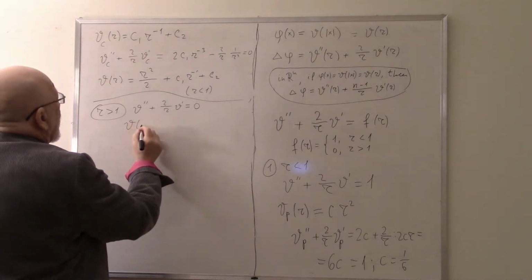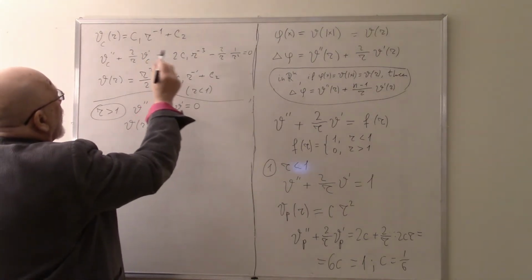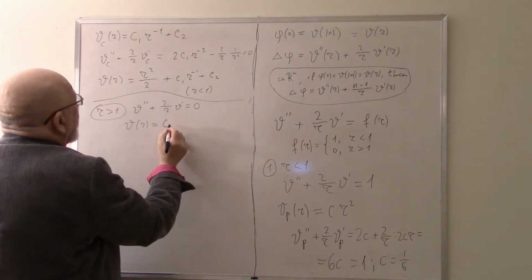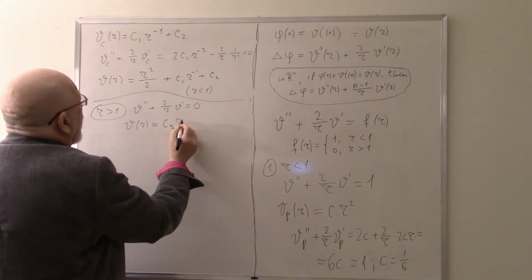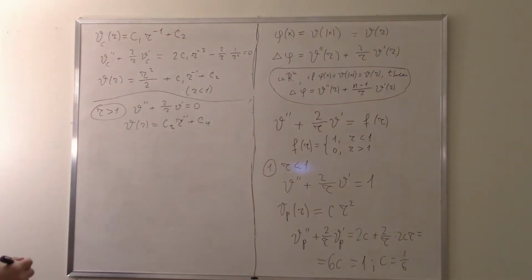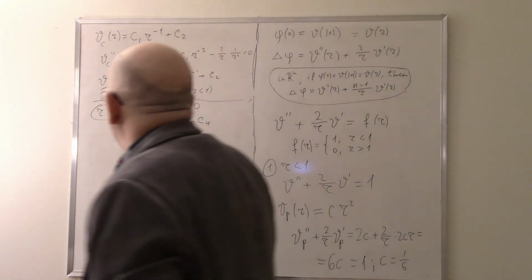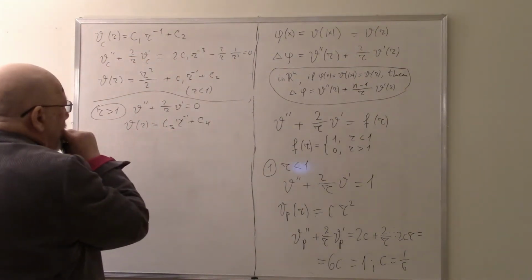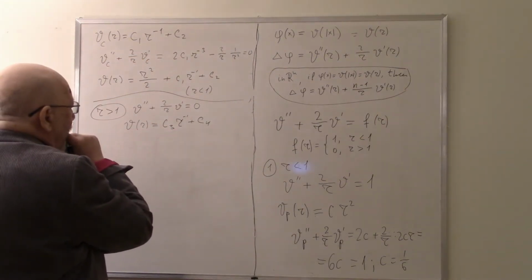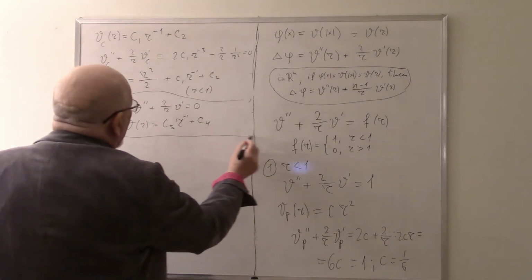So V of r equals C3 r^-1 plus C4. So we have these two solutions. Now they should be somehow related to one another. And the relation is the following.